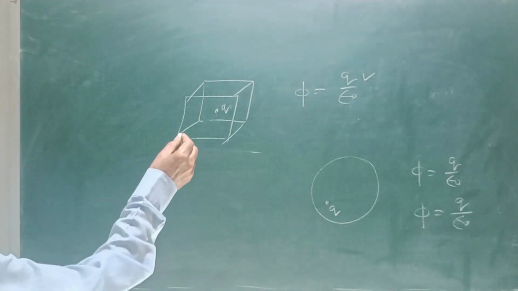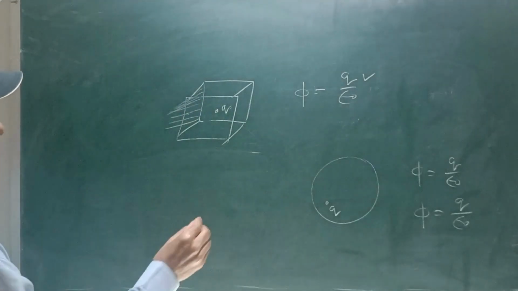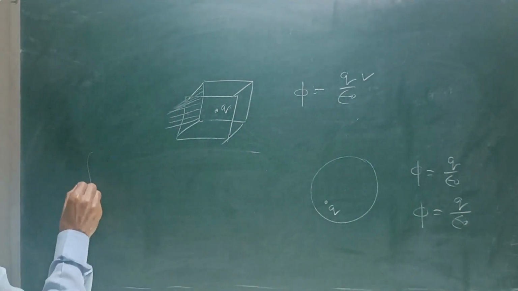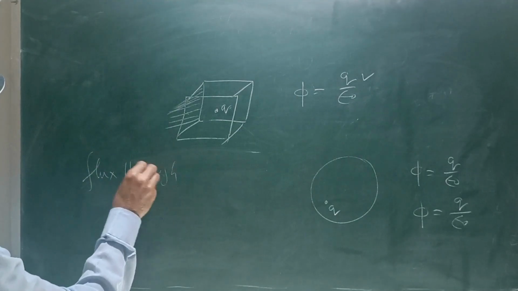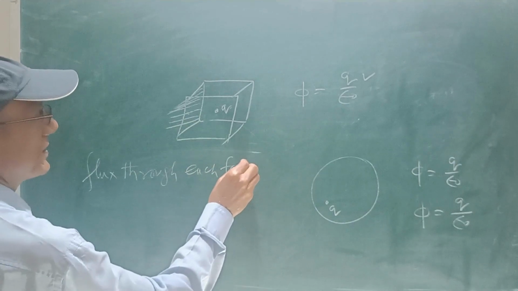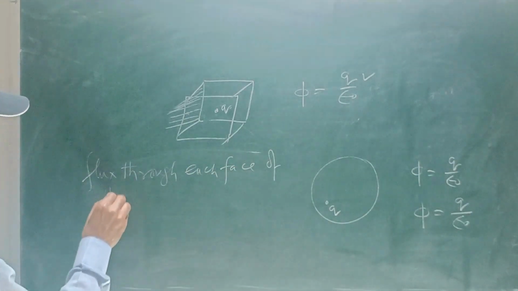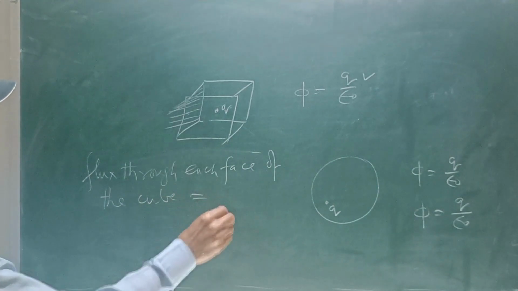So how much flux is passing through one of the faces? So flux through each face of the cube will be how much?